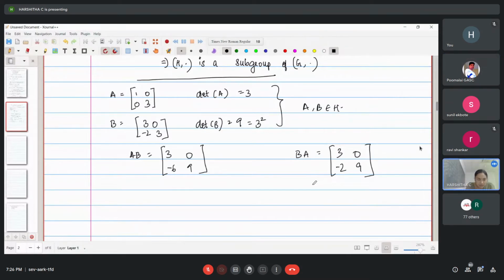Okay, so this is not minus 2, right? Yeah. So you see that this is not equal to each other, right? Yes. So H is not abelian. Is it normal?